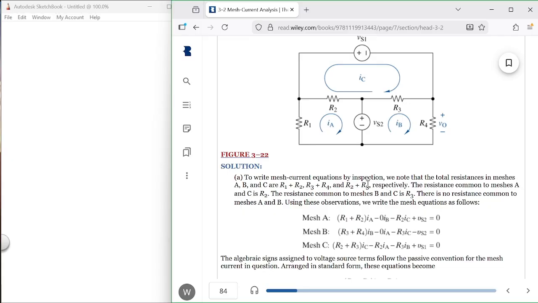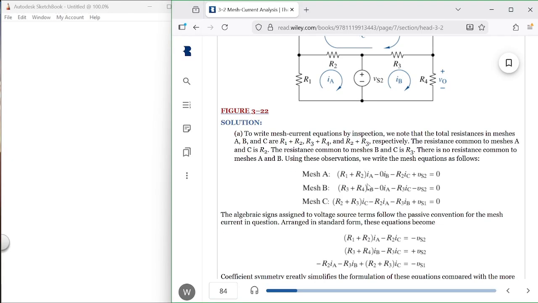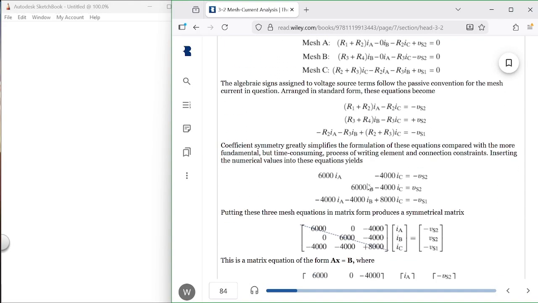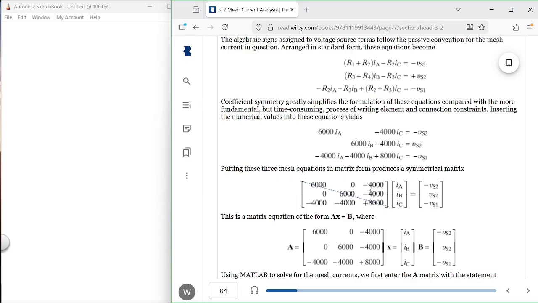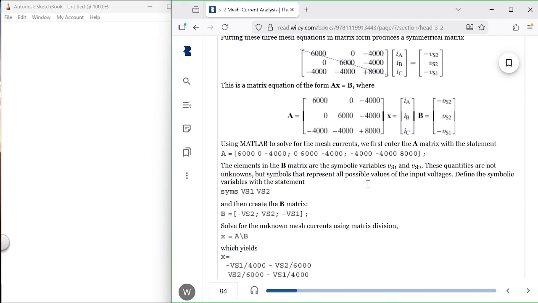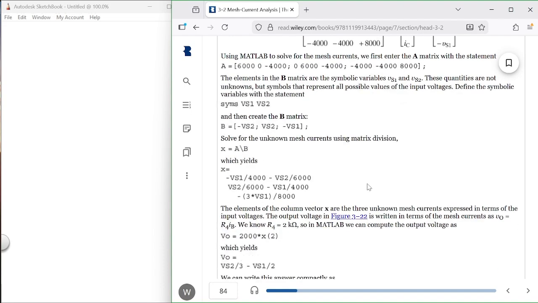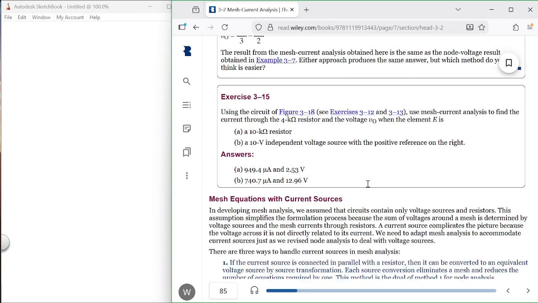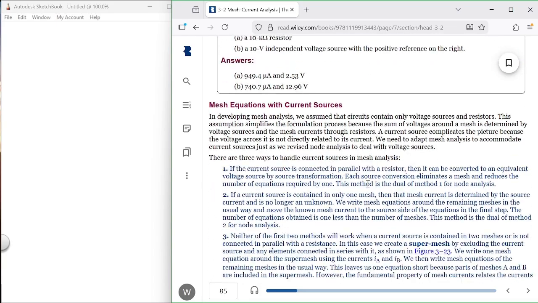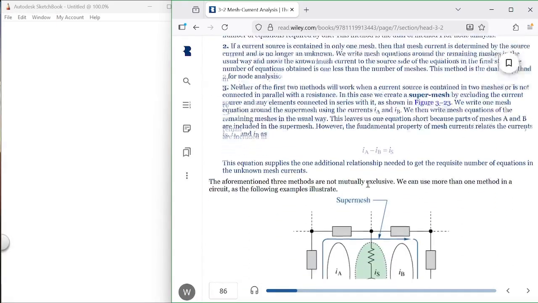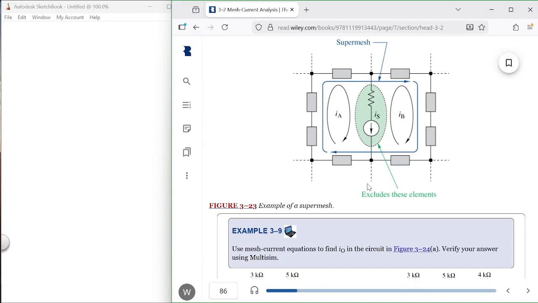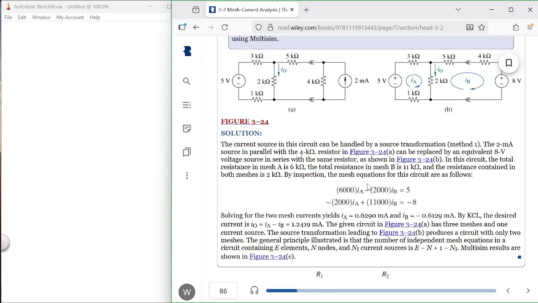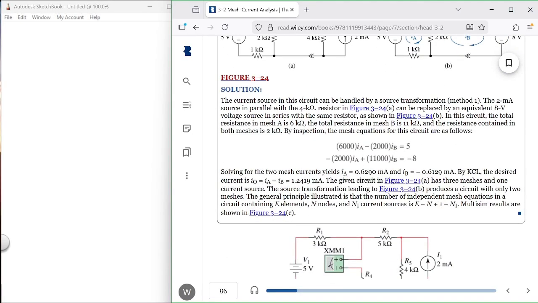Here's an example. Solution. Another one. Going too fast, everybody?